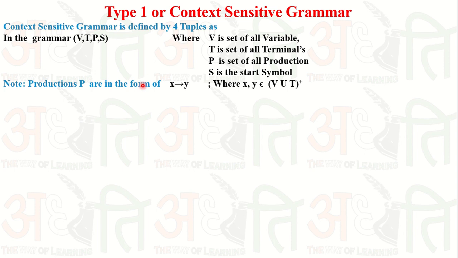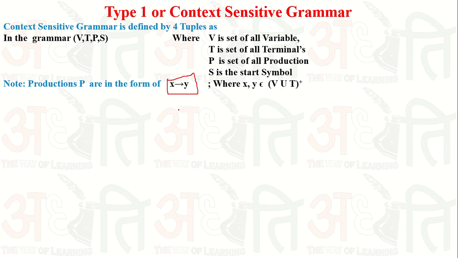In the type 1 grammar, the important thing to note down and remember is that it is in the form x produces y, where x and y are combinations of variables and terminals. It must contain variables or terminals, or both, and not a null value. So x produces y.